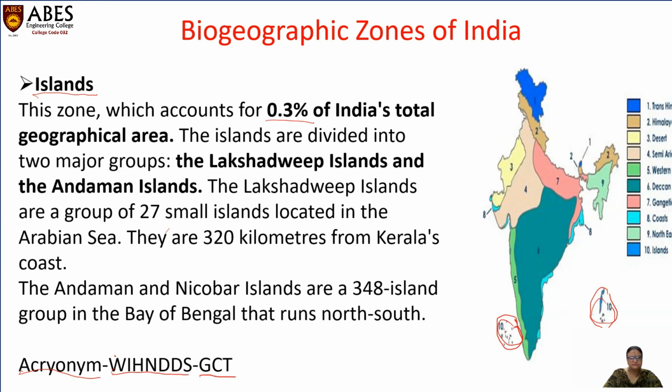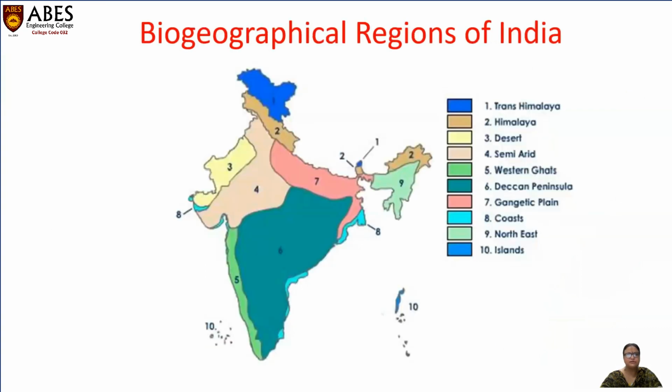W is Western Ghats, I is islands, N is Northeastern region, D is Deccan Peninsula region, S is for desert and semi-arid, then this is for Gangetic Plain, this is for coastal area, and this is for the Trans-Himalayan zone. In this manner, we can easily remember all the names of these biogeographical regions of India.